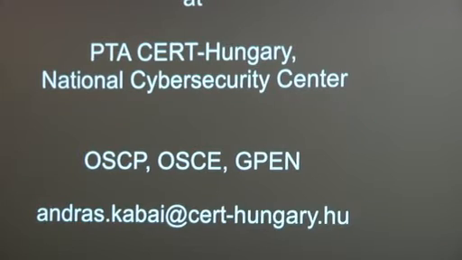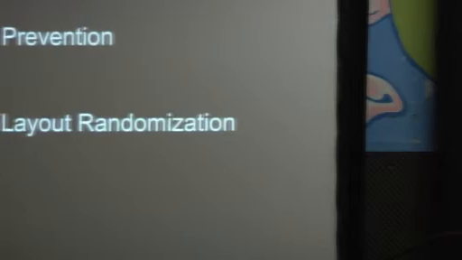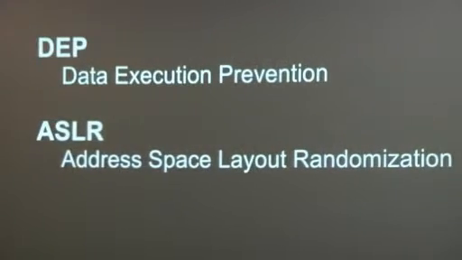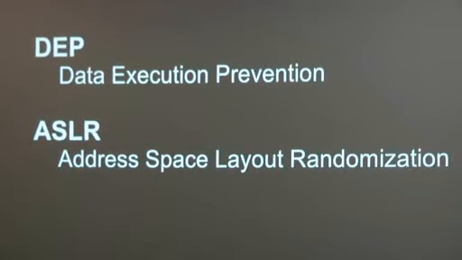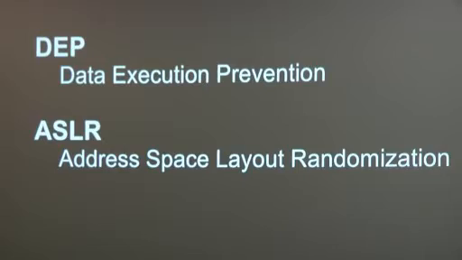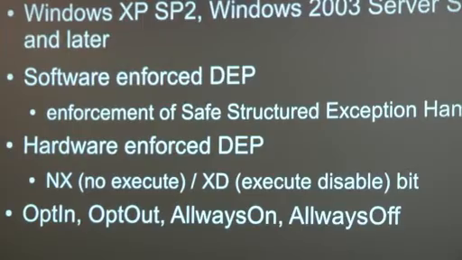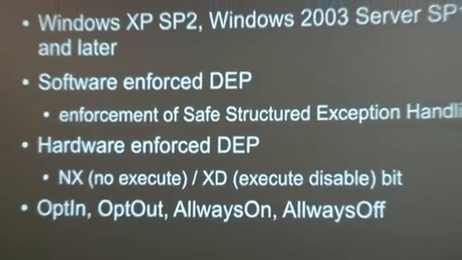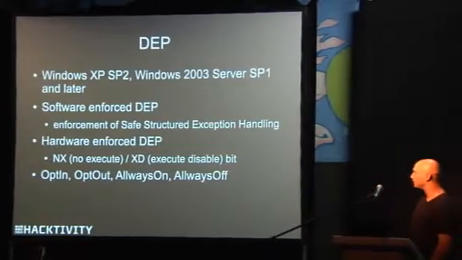The previous buffer overflow is different from this, so you will really have to pay attention. So DEP, Data Execution Prevention, and ASLR, Address Space Layout Randomization. These are the techniques that can make the intruder's job difficult if he wants to use a buffer overflow exploit.